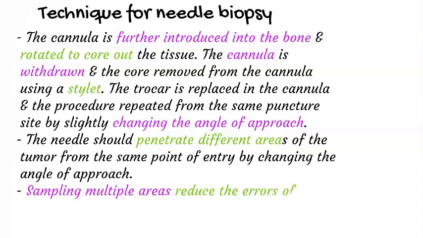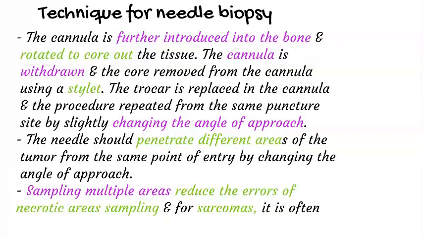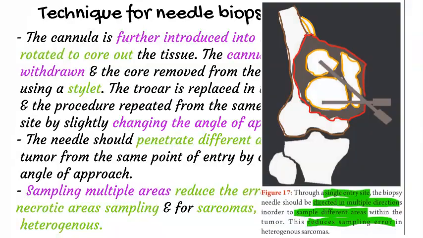Sampling multiple areas reduces the errors of necrotic area sampling, and sarcomas are often heterogeneous. This figure illustrates that through a single entry site, the biopsy needle should be directed in multiple directions in order to sample different areas within the tumor. This reduces the sampling error in heterogeneous sarcomas.